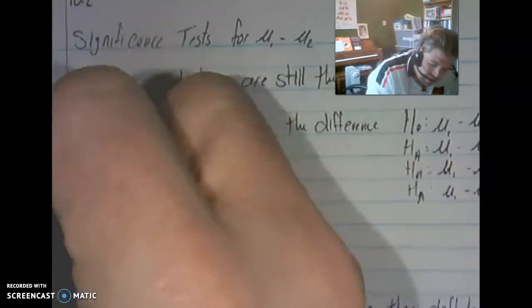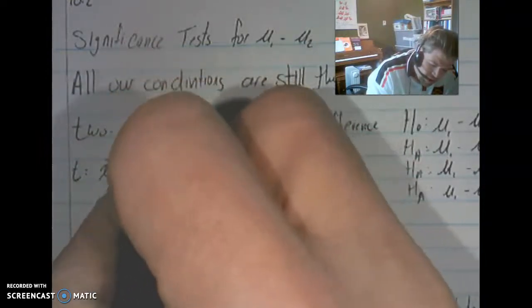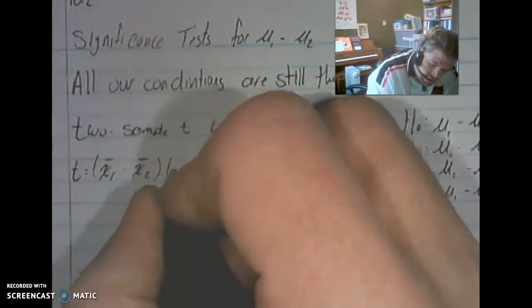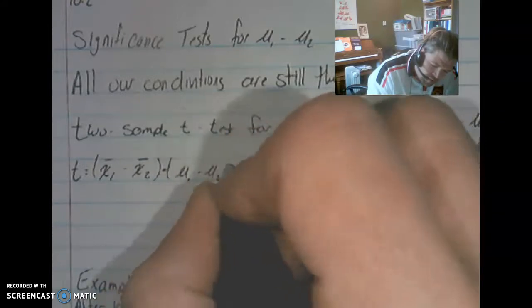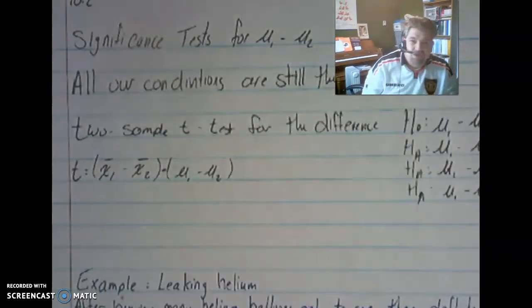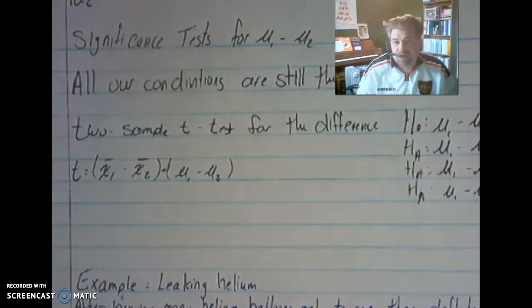All right. Our t is going to be x bar 1 minus x bar 2, minus the mean 1 minus the mean 2. That's usually going to be 0 for us unless they tell us specifically what it is going to be.